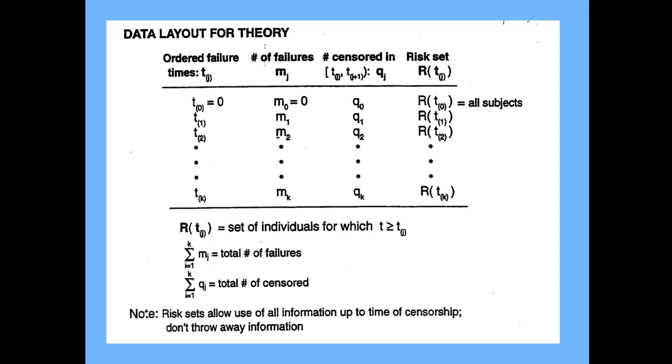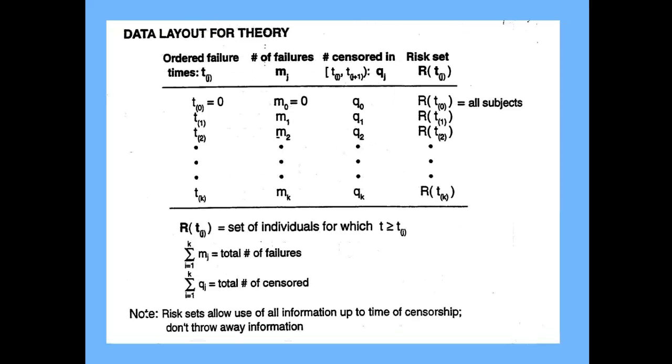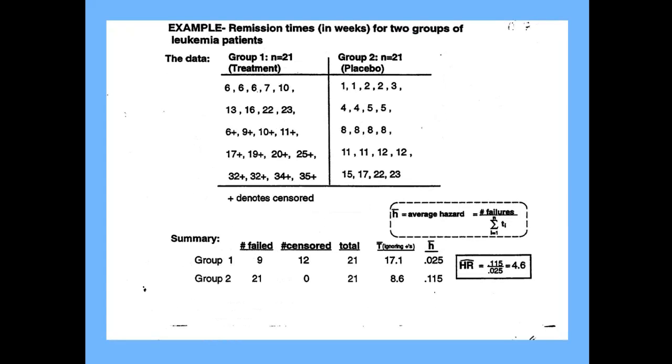Okay. Now, this is the data layout for how survival analysis works. And what you're doing here is, in this column, it's the number of failures between one time and the next time. So if we're looking at this data set, say just group 1, how many people failed from the start of the study until the first time that somebody failed?